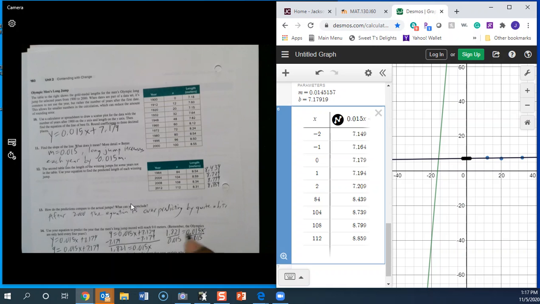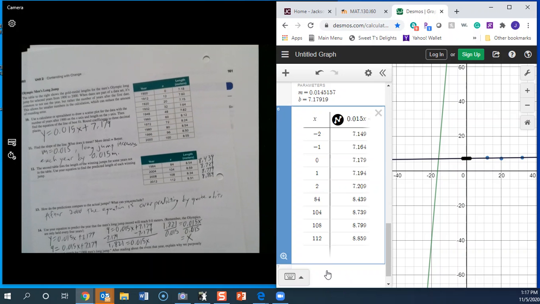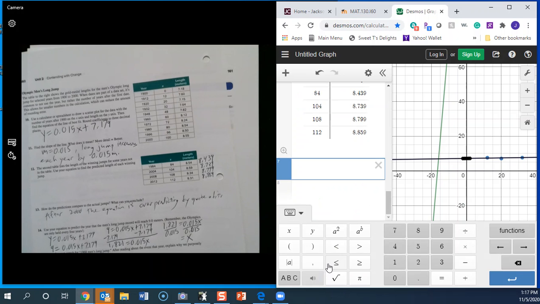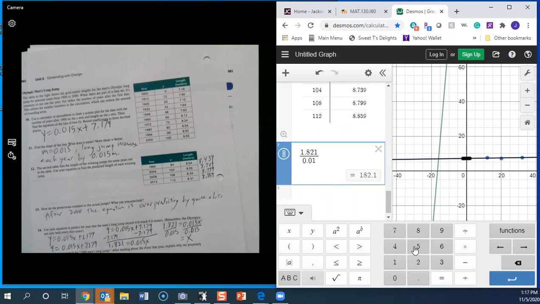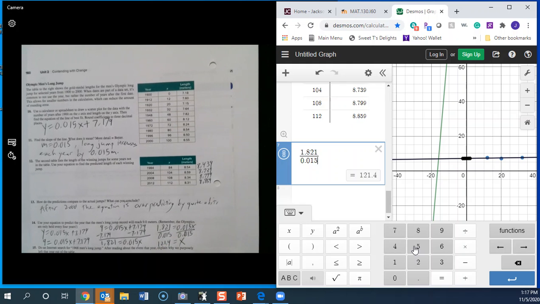And then we're going to have to approximate this. So we will have actually 1.821 divided by 0.015. So it'd be 121.4. So basically it says, now it's supposed to be in the year 2021.